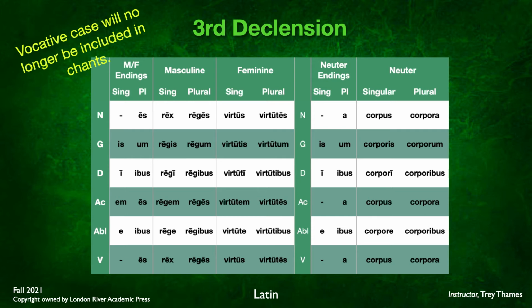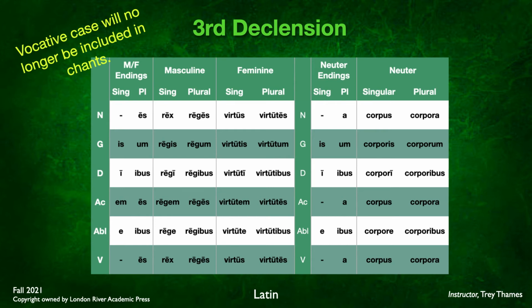You underline the is ending. You end up with corpor as your stem, and to that, you add all of your third declension neuter endings. Again, keeping in mind the neuter rule, which is whatever's in the nominative has to be in the accusative, and also the vocative rule, whatever's in the nominative has to be in the vocative. So you've got corpus not only in nominative singular, but also in accusative singular and in the vocative singular.